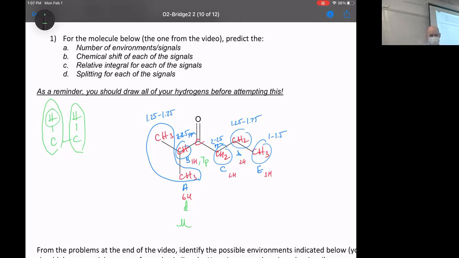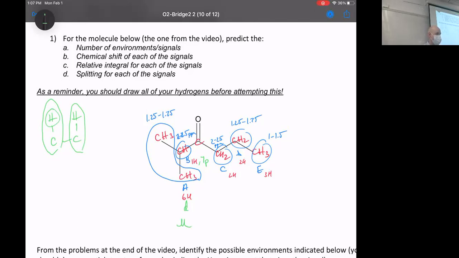All right, so moving over here to environment C, this integrates to 2 because there's 2 hydrogens within that region. But looking at its neighbors, it's got a carbon on the left side, which has no hydrogens. It's got a carbon on the right side which has 2 hydrogens. So Bree, how many neighbors does it have? How many hydrogens on neighboring carbons for environment C? So 0 hydrogens on the left carbon, 2 hydrogens on the right carbon. 2.